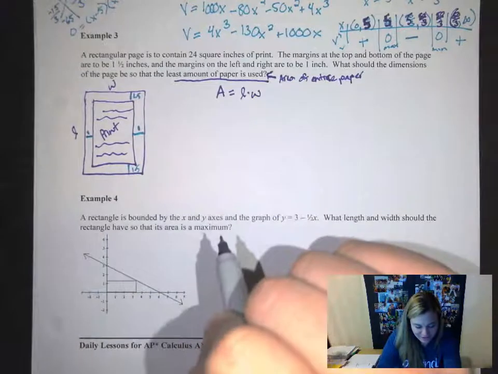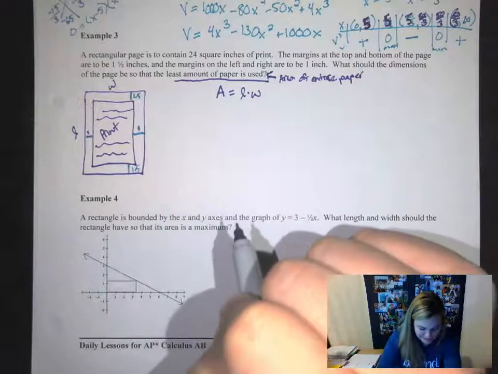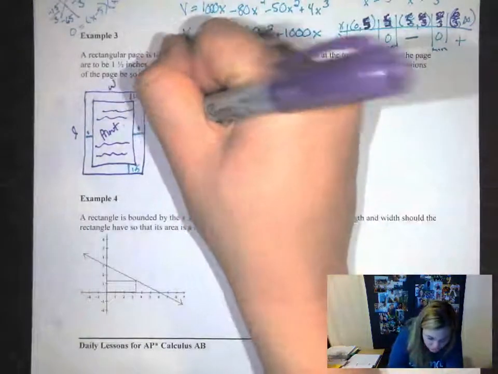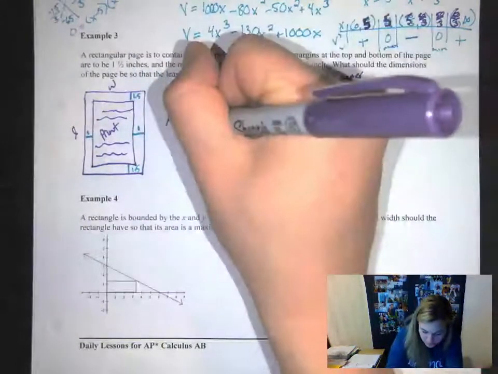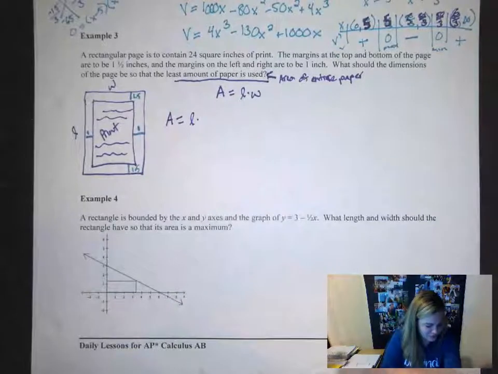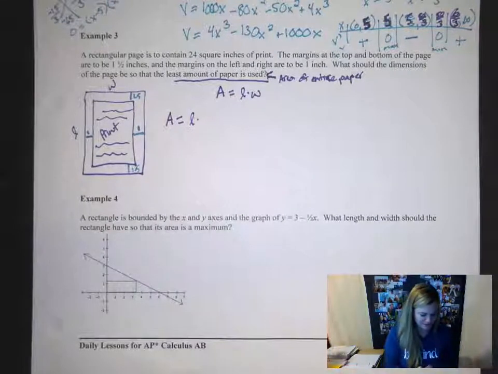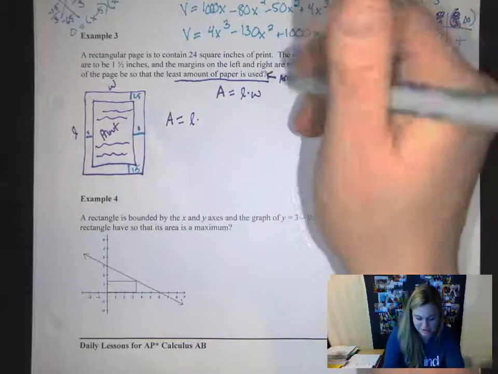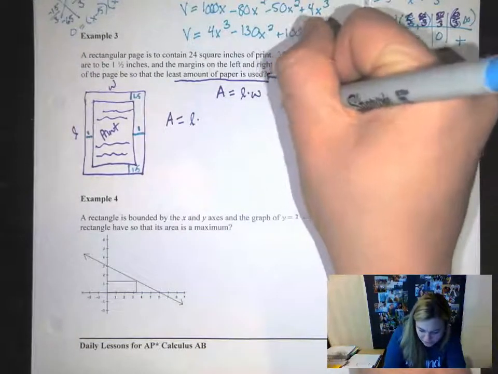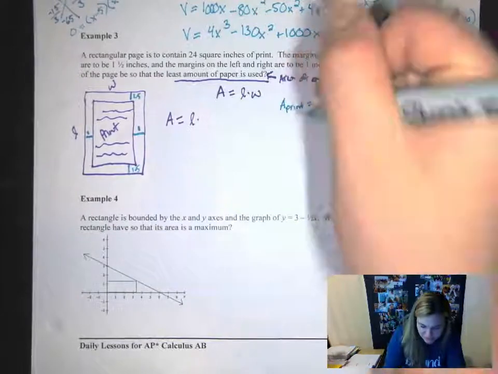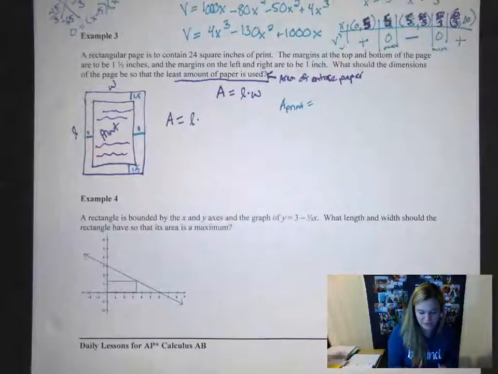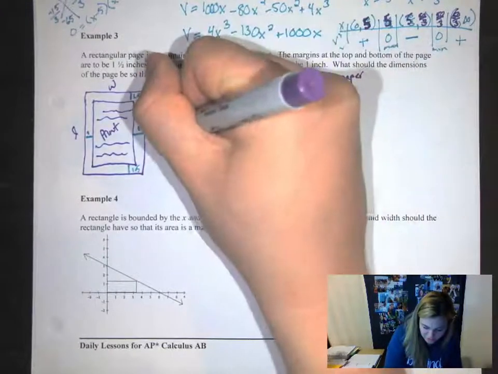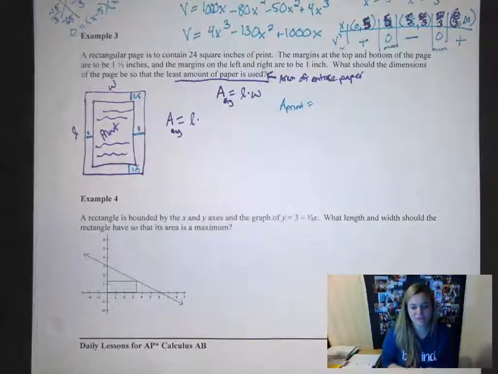And now I've got to figure out what that means exactly. So area, I'm going to keep this like this, and then figure out, well, what are the constraints? Well, I know that the area of the print has some weird stuff going on. So the area of the print, and you could also put the other one as big, by the way. Area of the big paper. Big, just so you don't get this confused.